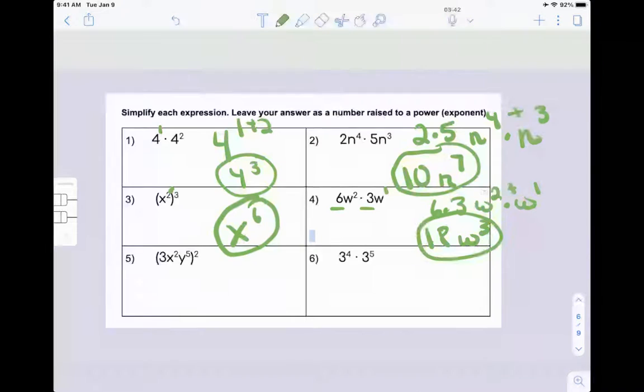Okay, the next example, I'm taking the power of a power. So what I need to do is multiply the exponents. But if you remember, if you don't see an exponent, so in this case 3, it's 3 to the first power. So I'm going to do 3 to the 1 times 2, x to the 2 times 2, and y to the 5 times 2.